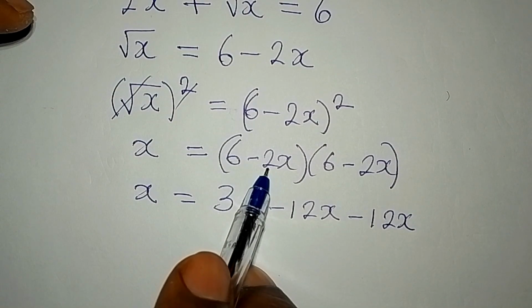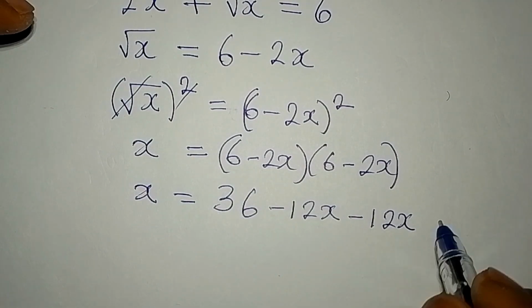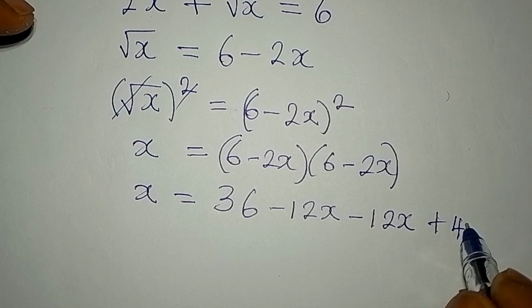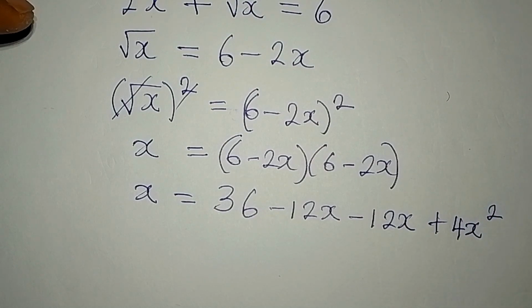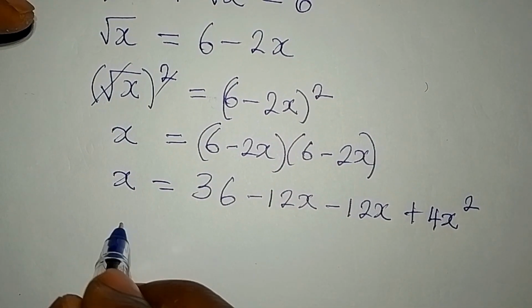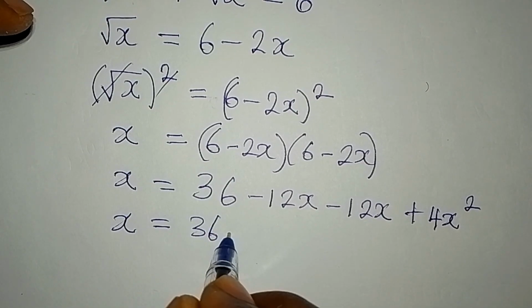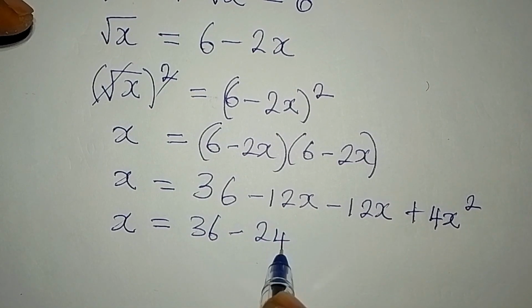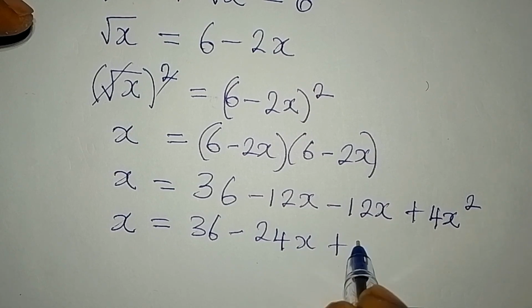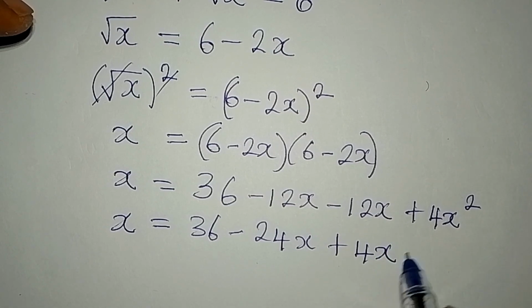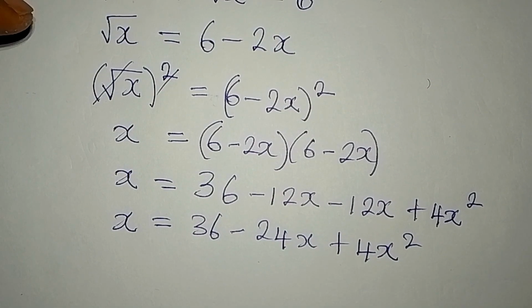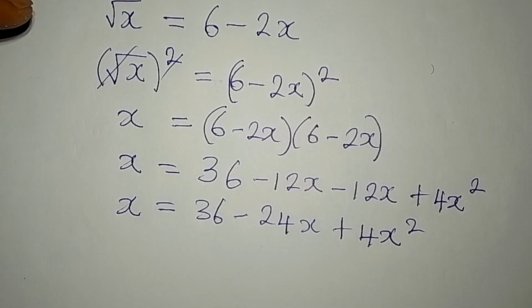Minus 2x multiplied by minus 2x, that will give us plus 4x squared. Okay, so from here we have x that is equal to 36 minus 24x plus 4x squared. Now we can arrange this in a better way.